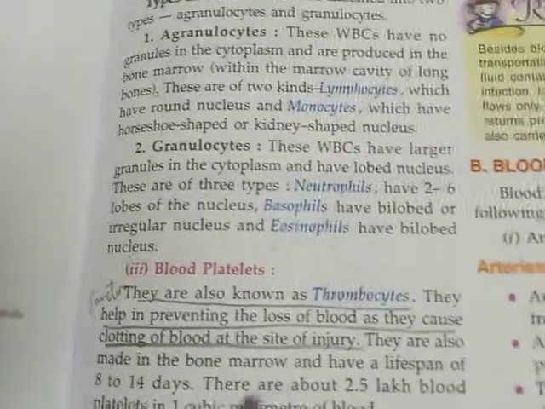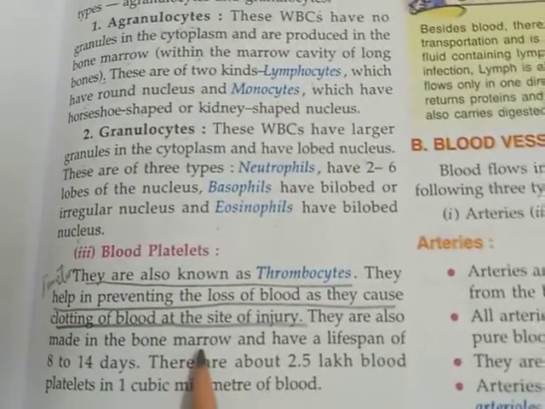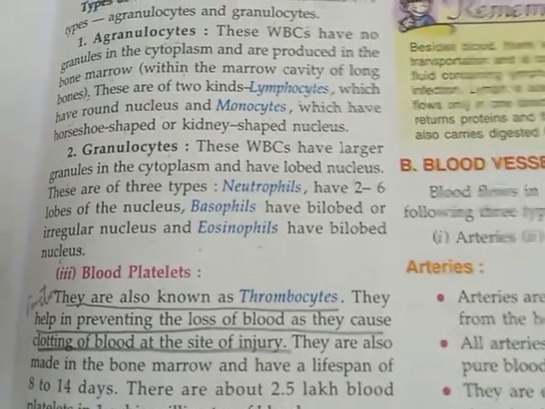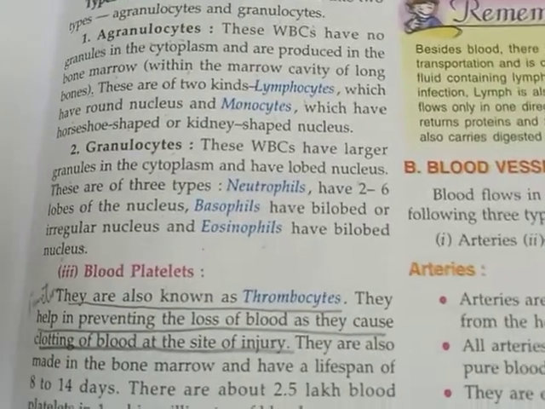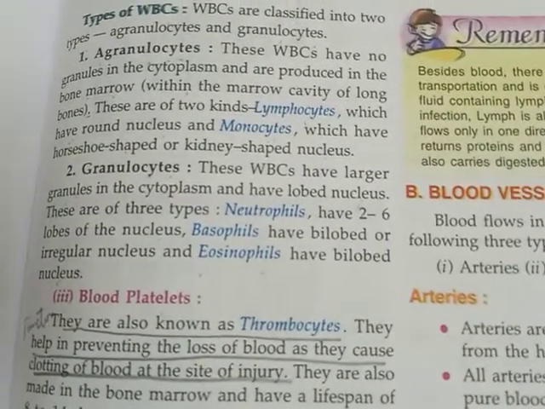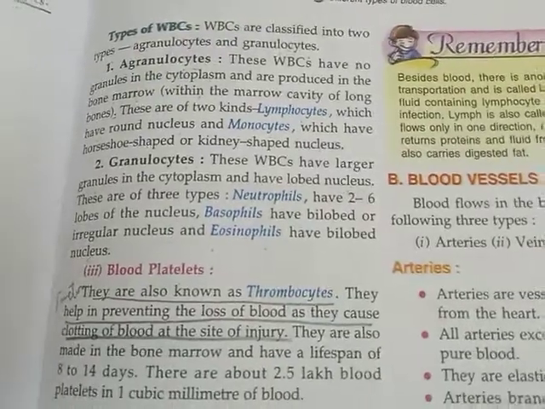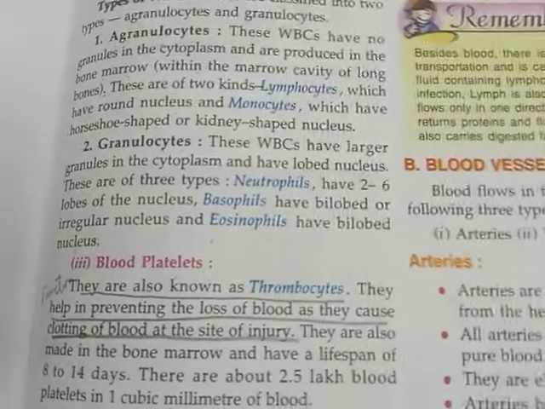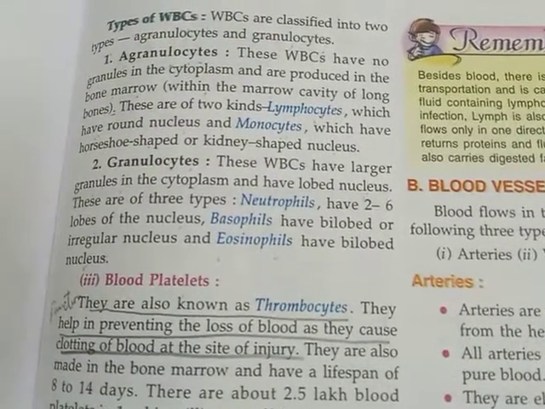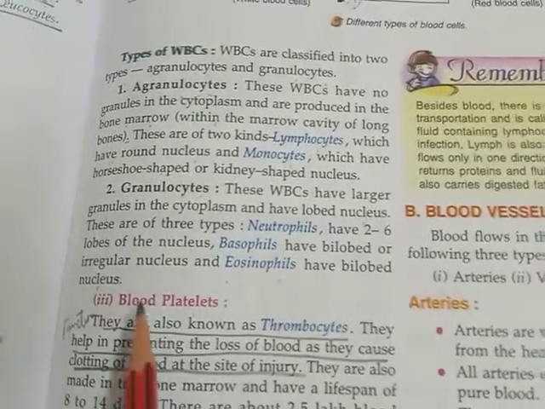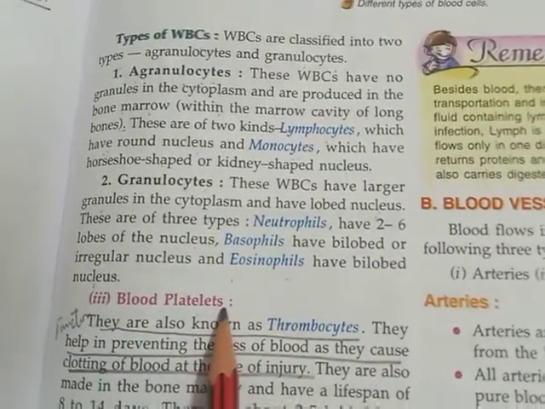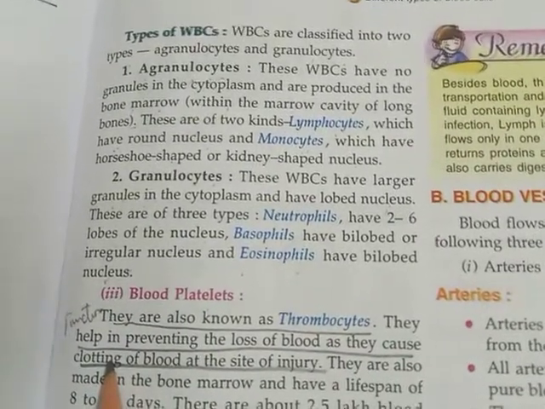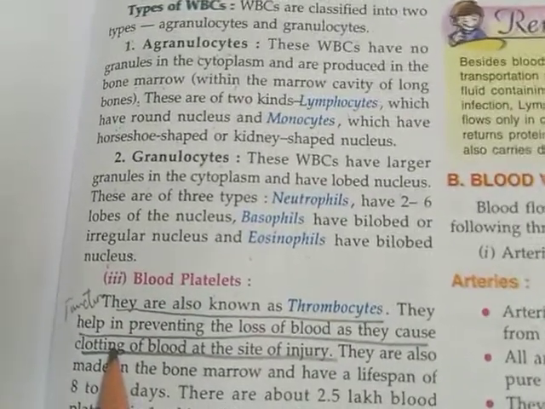See children, when you get any injury or wound and blood is coming out of that wound, after some time at the site of that injury a clot is formed and the bleeding stops. This clot is formed because of these blood platelets. Their main function is to form the clot, and it helps in preventing the loss of blood from the injury.